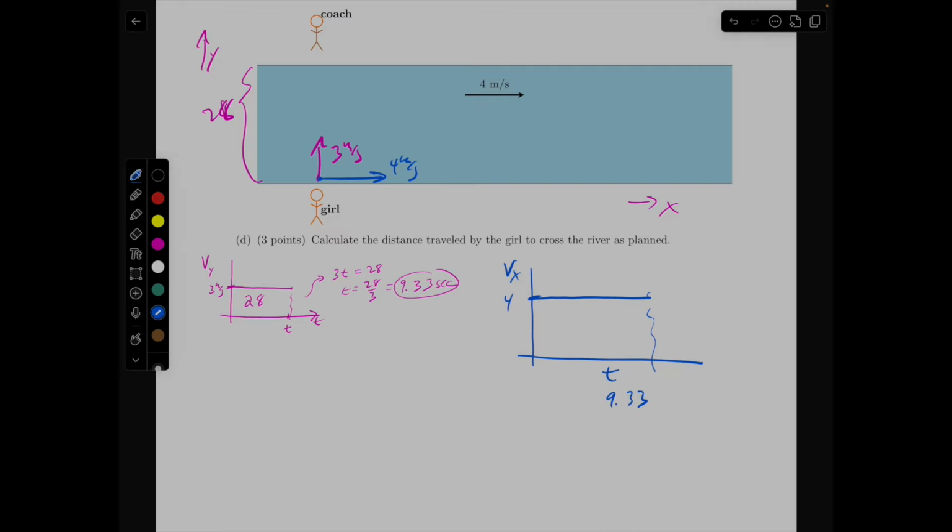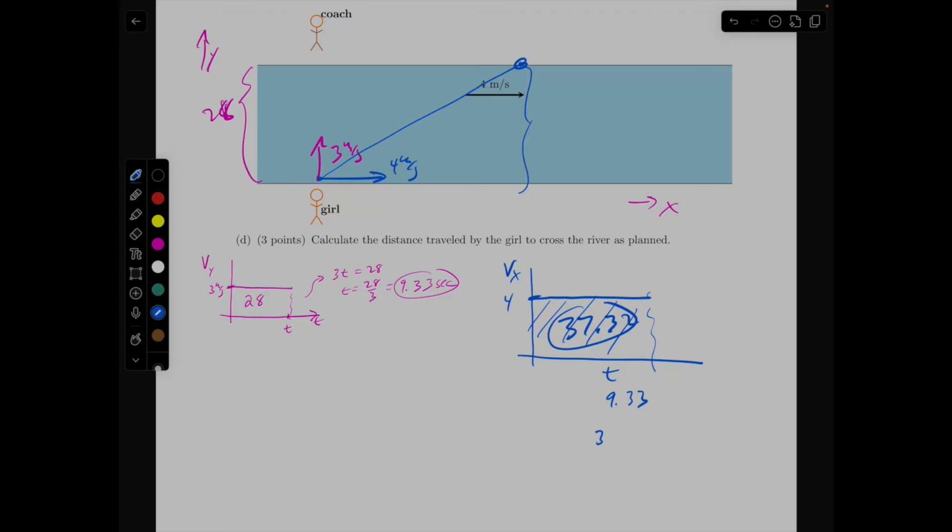To figure out the area, which represents her horizontal displacement, it's going to be 4 times 9.33, which gives me 37.32.